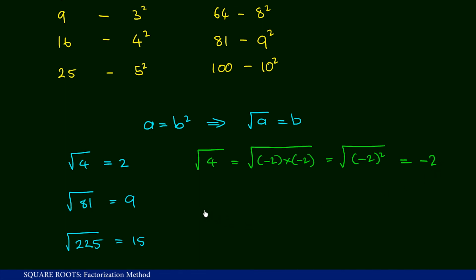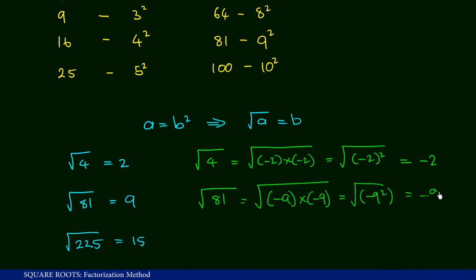Likewise, the square root of 81 could also be the square root of minus 9 times minus 9, which is equal to the square root of minus 9 squared, or equal to minus 9.